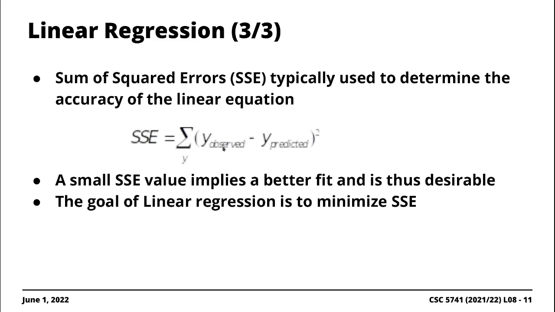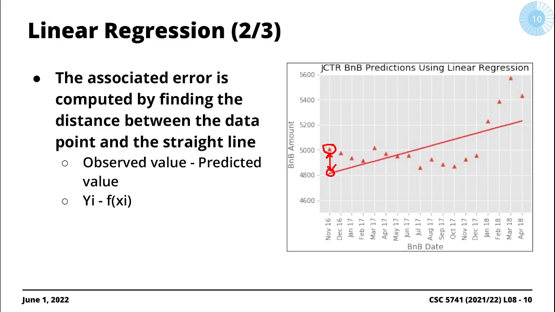A larger value entails that there's a very huge variation between the observed values and the predicted values. In other words, the actual values, the observed values, will be further away from the best fit line, which is something that you try and avoid.